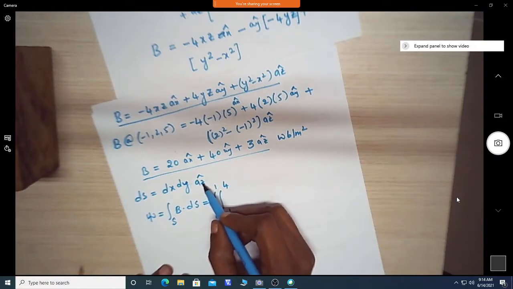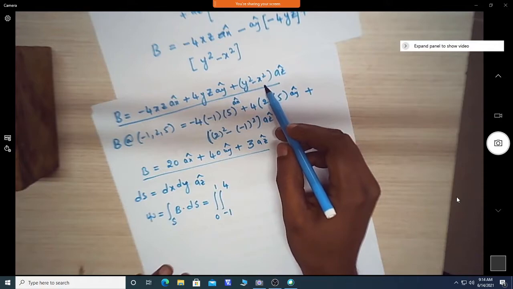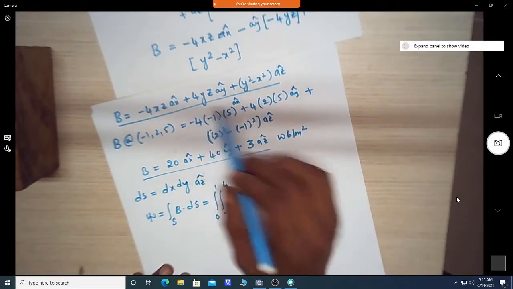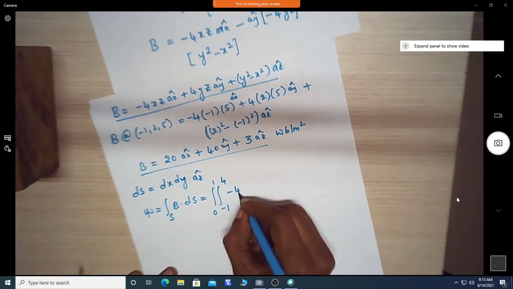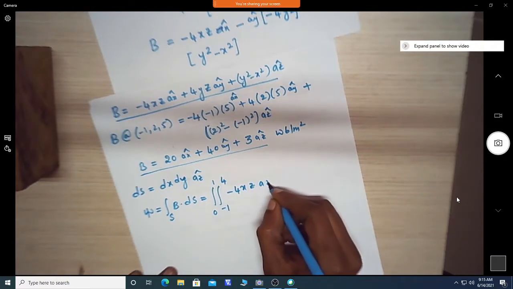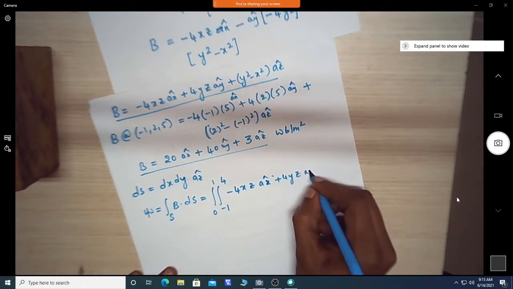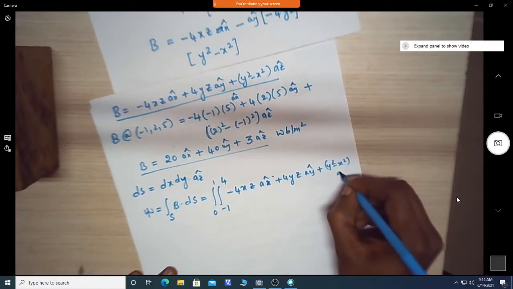When we multiply az into az, only this term remains as it is. The other two, because of the dot product of ax and az, and ay and az, become 0. Let us substitute that: minus 4xz in the direction of ax plus 4yz in the direction of ay plus y square minus x square in the direction of az.